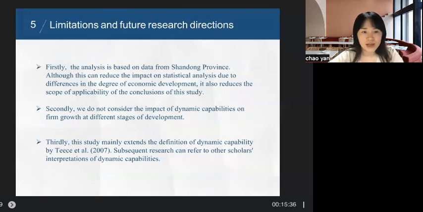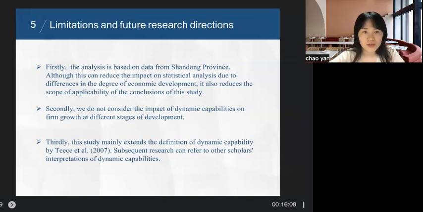The research limitations are as follows. Firstly, the analysis is based on data from Shandong province. Although this can reduce the impact on statistical analysis due to differences in the degree of economic development, it also reduces the scope of applicability of the conclusion of this study.